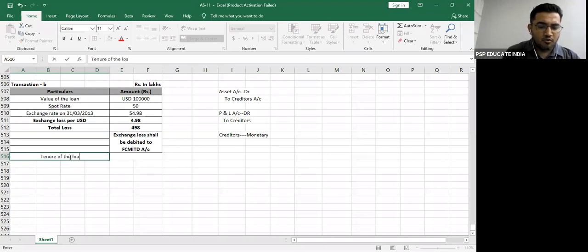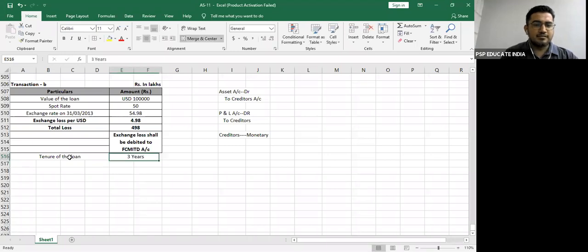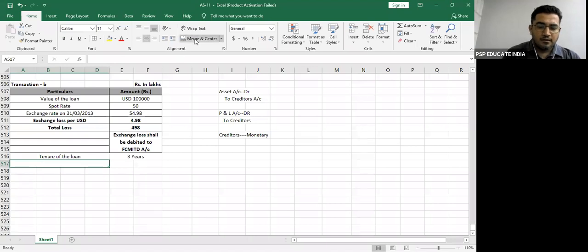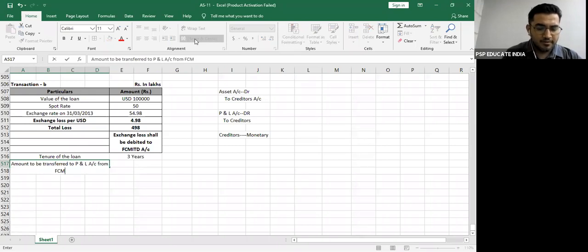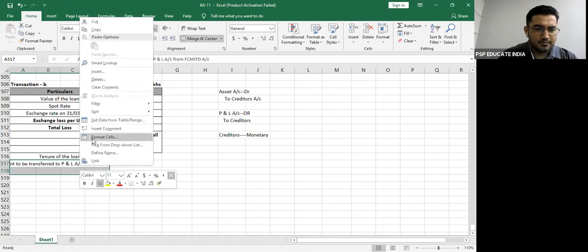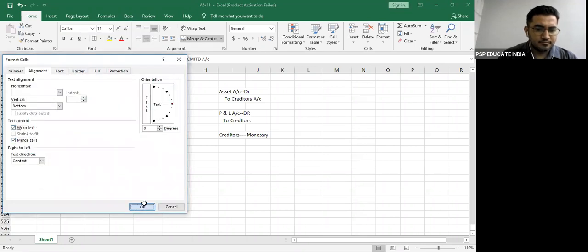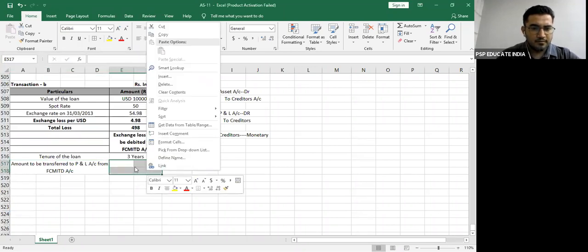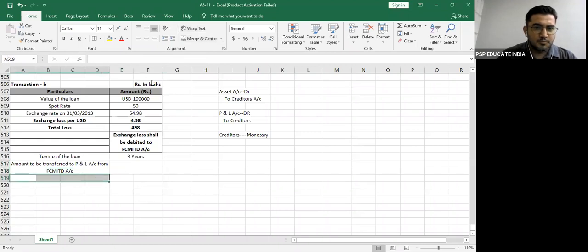Your tenure of the loan is 3 years. Amount to be transferred to profit and loss account from FCMITD account will be... let's prepare that working.